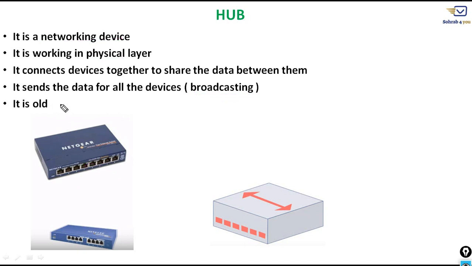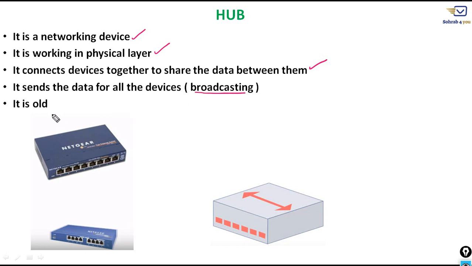So what is a hub? It is a networking device. In which layer is it operating? In layer 1, which is the physical layer. What is it going to do? It connects devices together to share data between them. How does it send the data? It sends the data to everyone, so it is broadcasting.